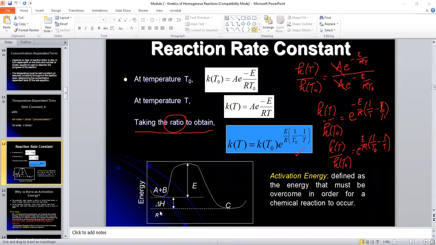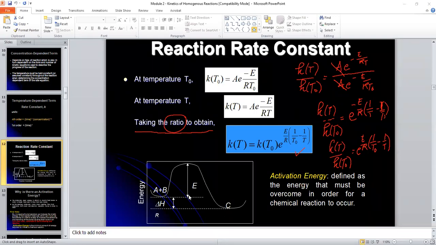Now you have energy content on the vertical axis and temperature on the horizontal axis. If the activation energy written here on the right side is depicted in this very simple illustration, you can see that that's the amount of energy, E. This is the amount of energy necessary so that your reacting species is already ready to react with another.